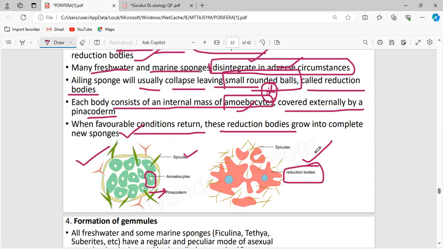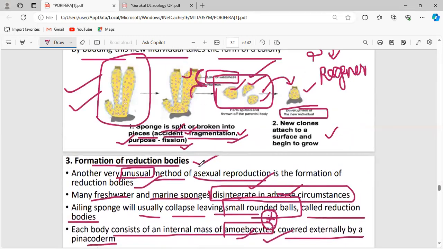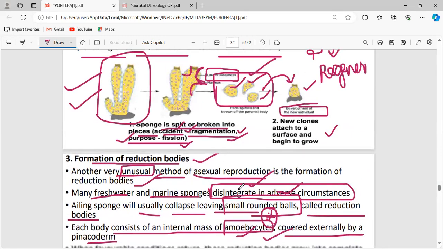In adverse conditions, these sponges alter their structure and give rise to small rounded ball-like structures, and those are called reduction bodies. They have amoebocytes within, and these amoebocytes are covered externally by the pinacocytes. When favorable conditions occur, each reduction body gives rise to a new sponge. Okay, this is about reduction bodies.